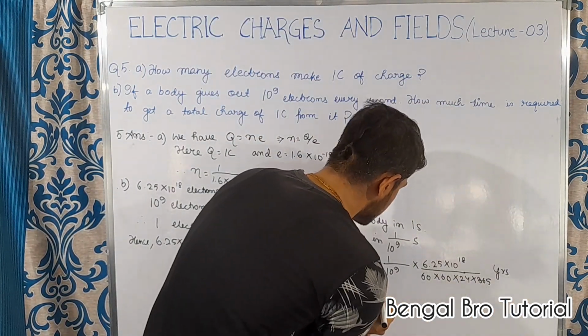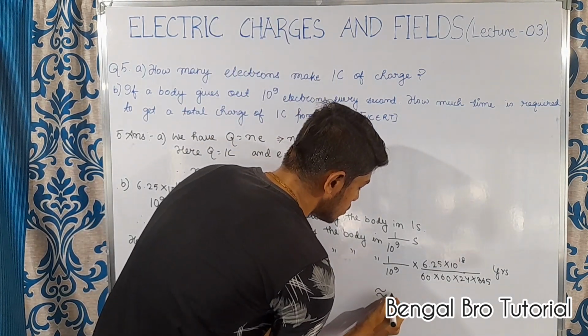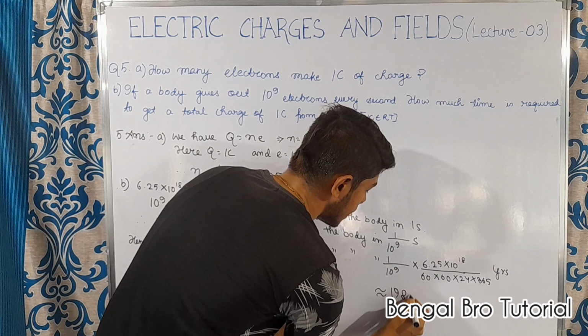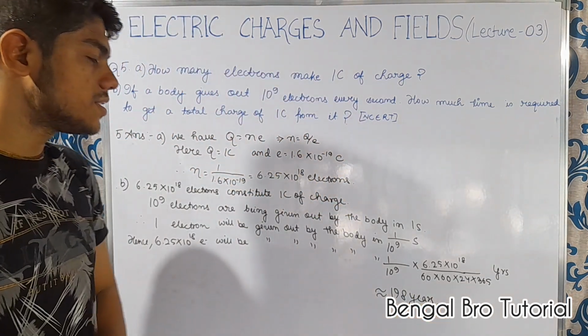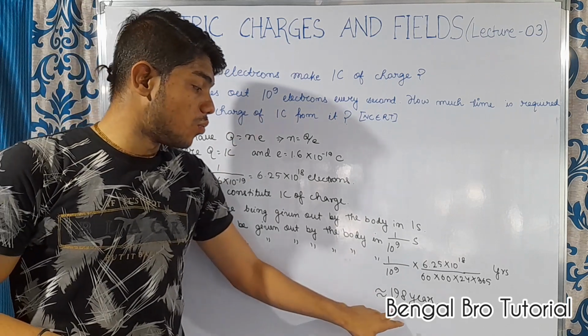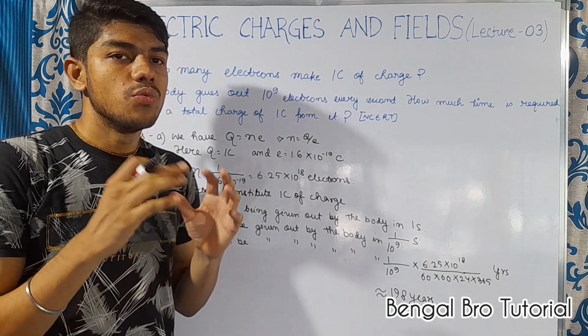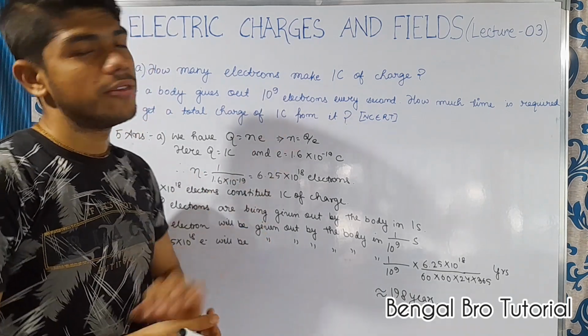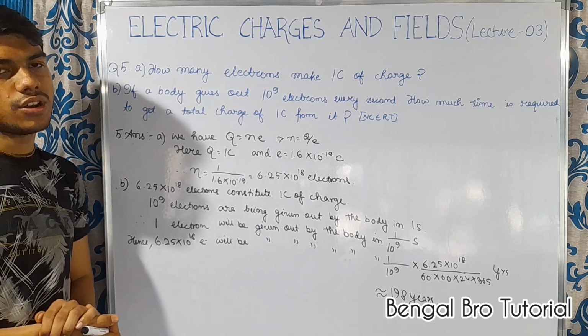And if you solve this, you will get a value somewhere near 198 years. This is the answer. That means the body will take about 198 years to eject electrons which will constitute 1 coulomb of charge. So let's move to the next set of questions.